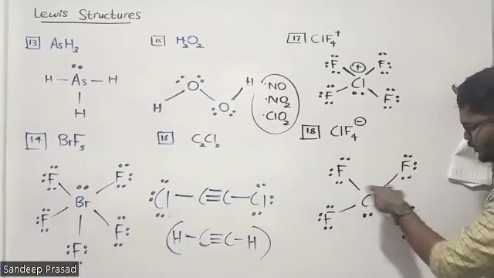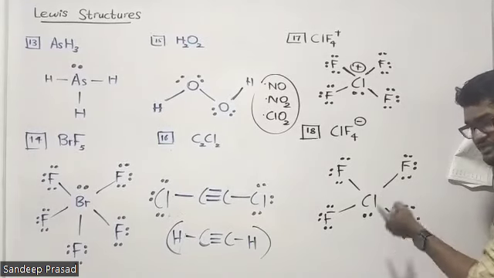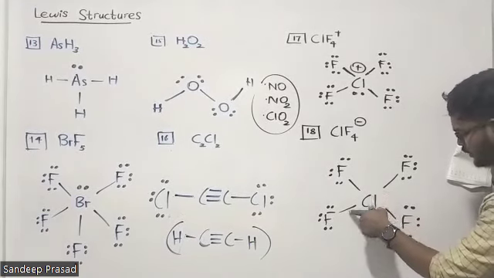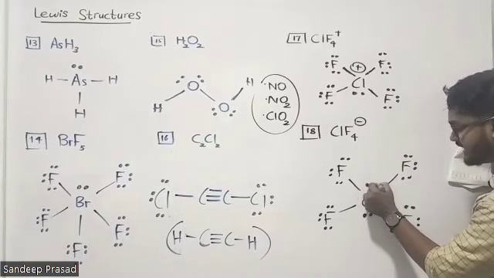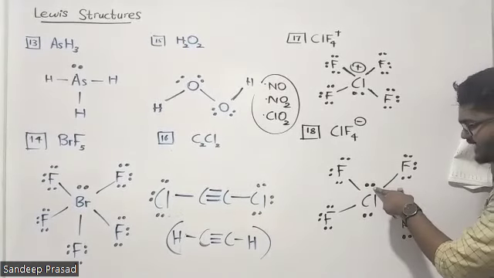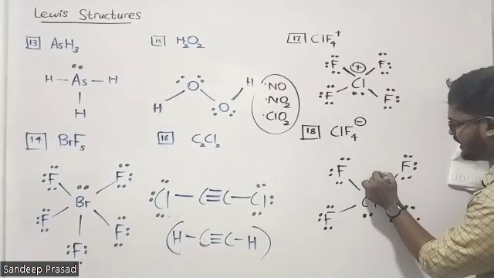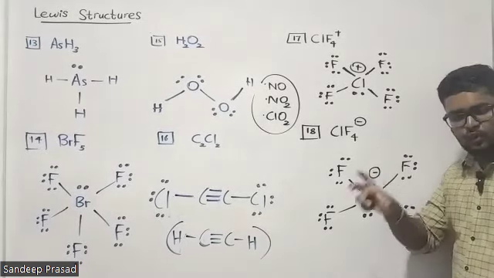The octet is okay already: 2, 4, 6, 8. Now we have to consider the valence shell electrons of chlorine. 1, 2, 3, 4, 5, 6, 7, 8. Because of the 8th electron, chlorine will have the negative charge.